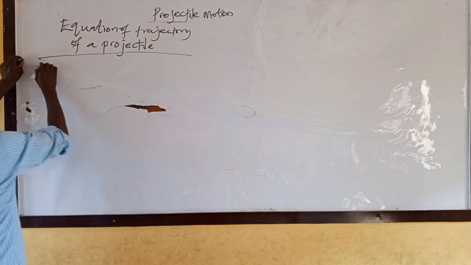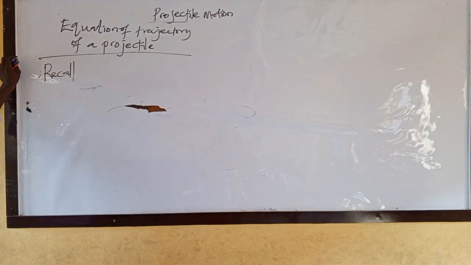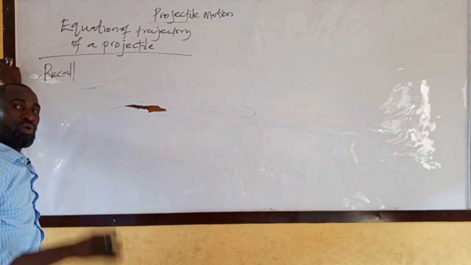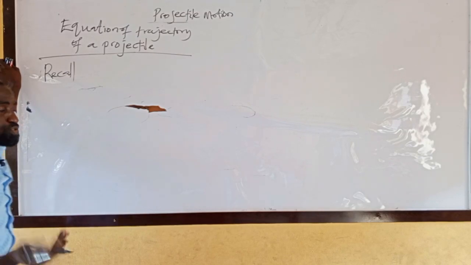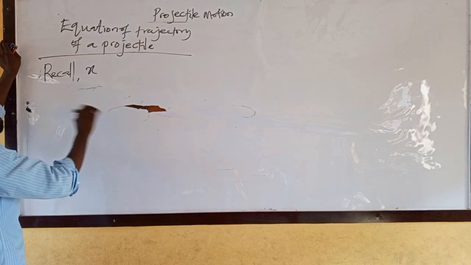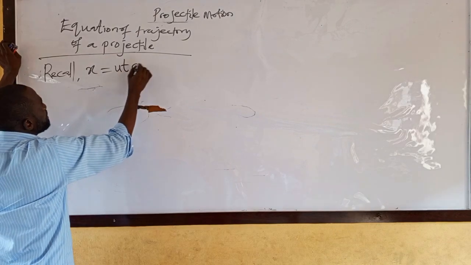Now, we recall that we have displacement in the vertical direction, and displacement in the horizontal direction. Our x, the displacement in the horizontal direction, is equal to u t cos theta.